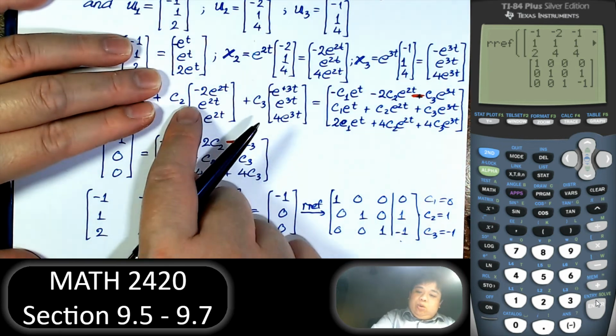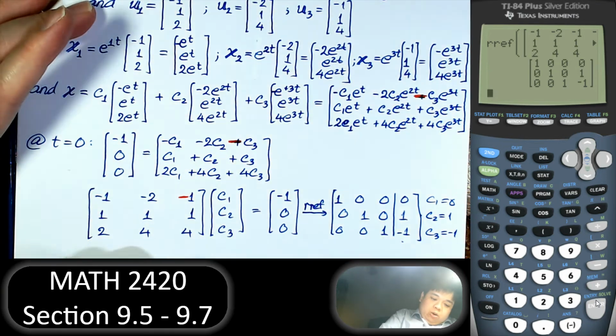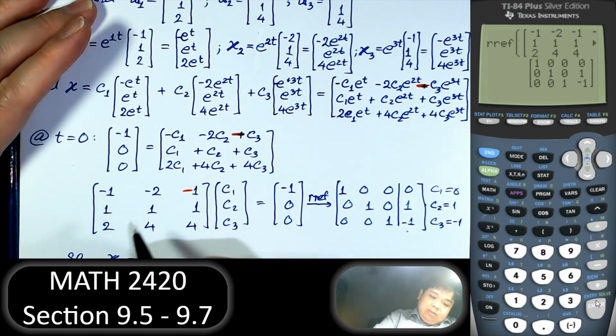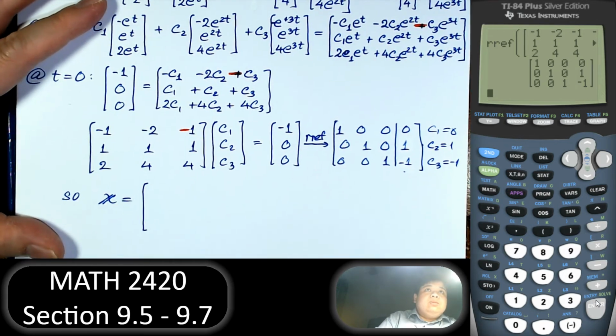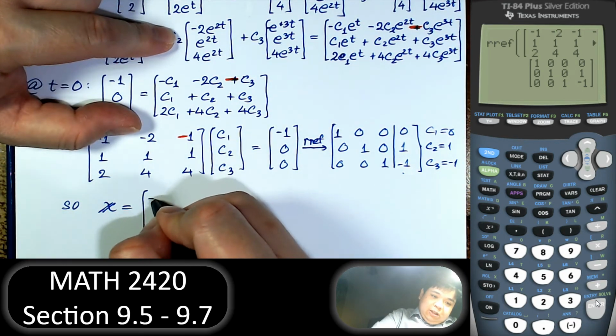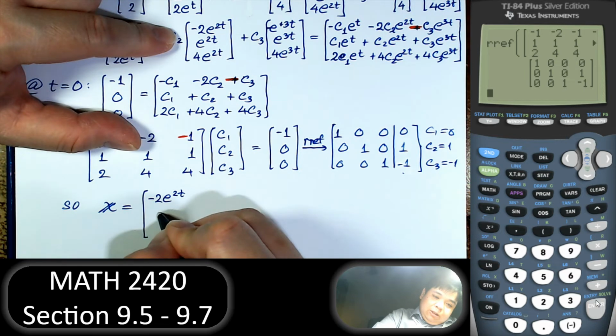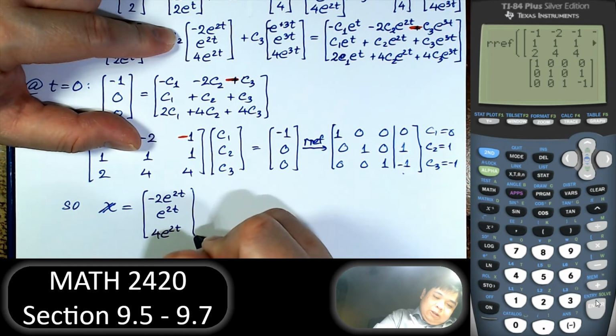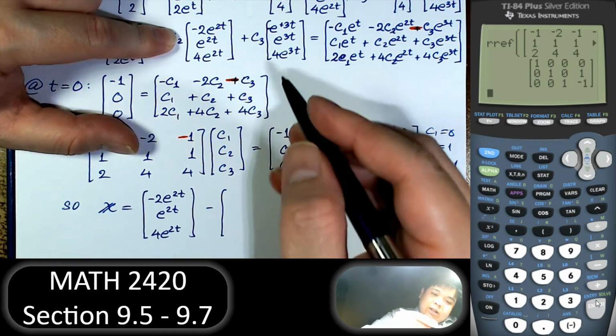So this is the solution, C1 is 1. And so we have x equal to C1 is 1, C2 is 1, and C3.